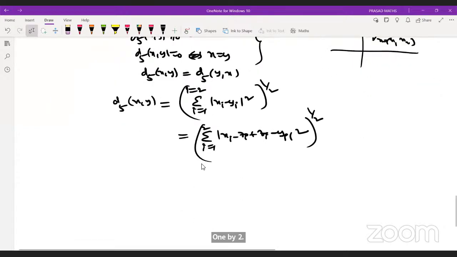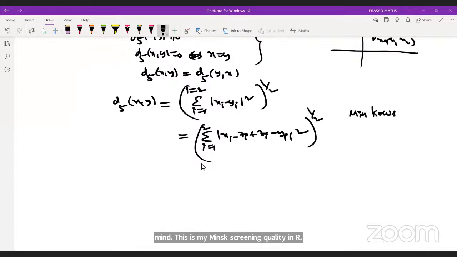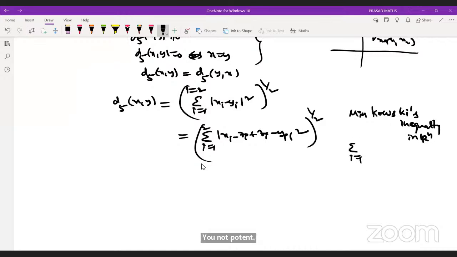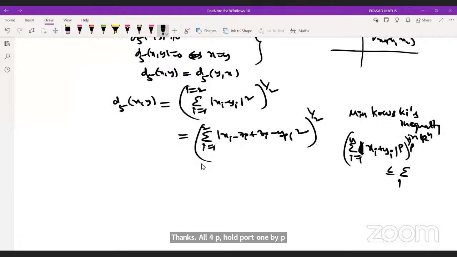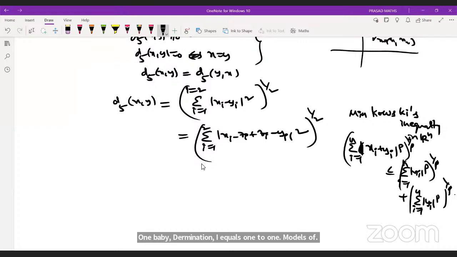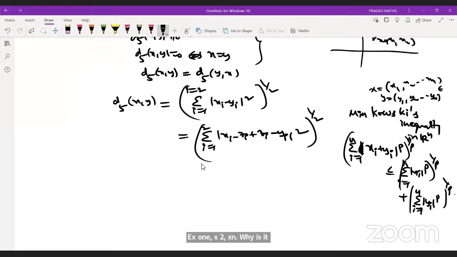So just keep in mind, this is my Minkowski inequality in R power n: summation i equals 1 to n of xi plus yi whole power p, whole power 1 by p, is less than or equal to summation of modulus xi whole power p, power 1 by p, plus summation of modulus yi whole power p, power 1 by p, where x equals x1, x2, ..., xn and y equals y1, y2, ..., yn.